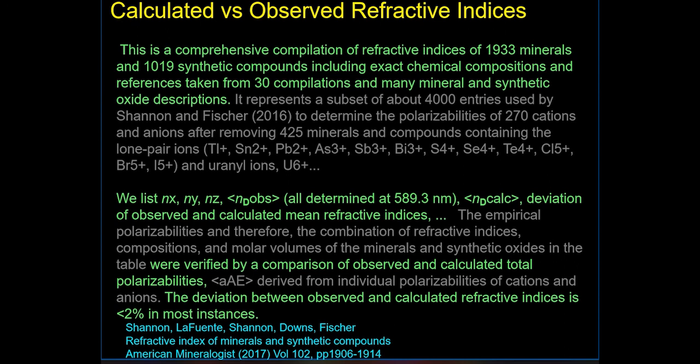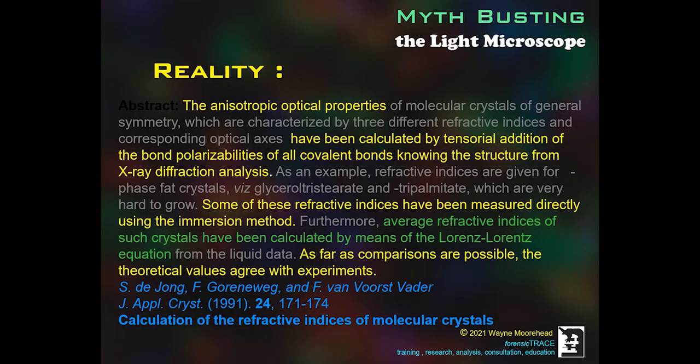They have compiled a large database of compounds, calculated the refractive indices from atomic measurements, and compared these same compounds with their measured refractive indices, showing the difference in most instances to be less than 2%. Another research group calculated refractive indices from the X-ray diffraction patterns and compared these values against the measured refractive indices on a microscope. Clearly then, there is a relationship between composition, structure, and refractive index.